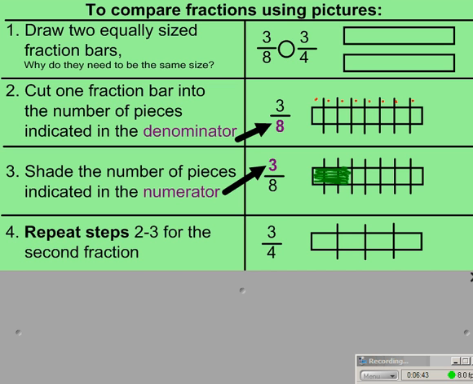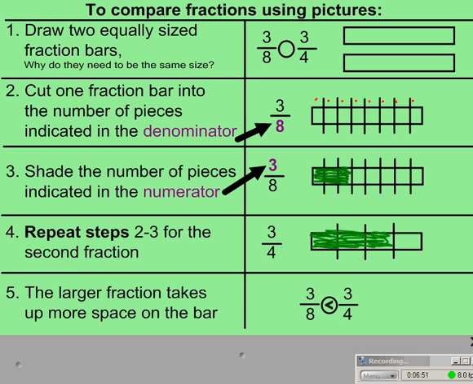And once again, we're going to shade 3 of it. All right? And you can see by comparing this one with this one, this one takes up more shaded space than this one. So we can safely say 3/4 is larger than 3/8.